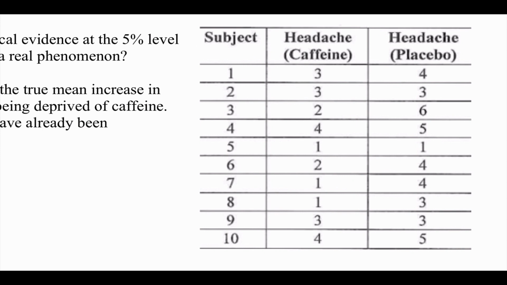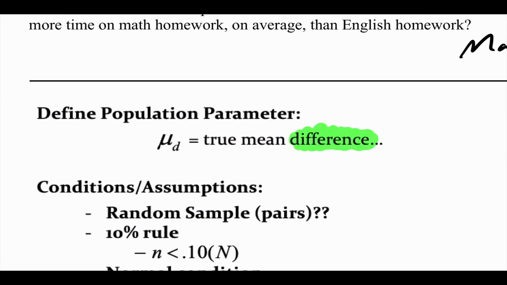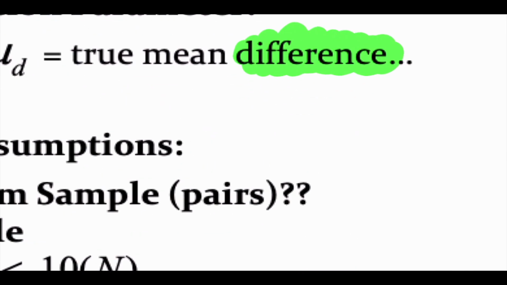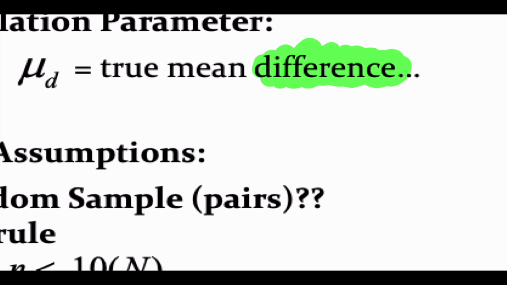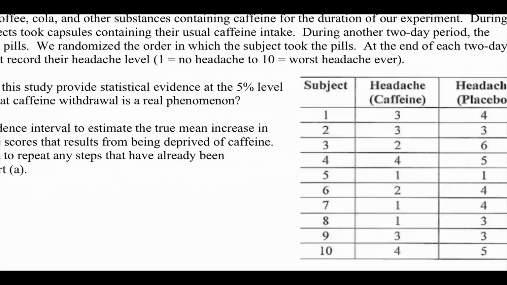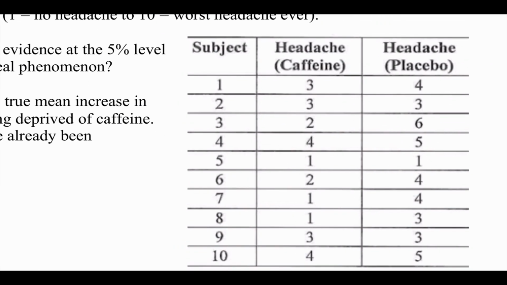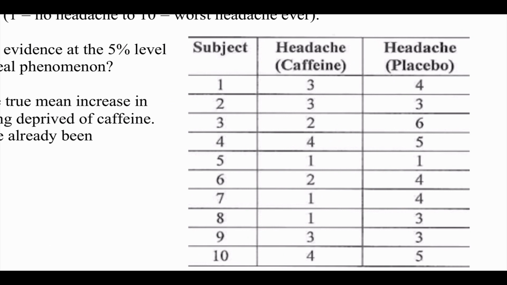So the data we're going to analyze isn't even up there. What is the data we're going to analyze? The differences. The differences aren't even up there. There are no differences at all here, right? We have to create that.